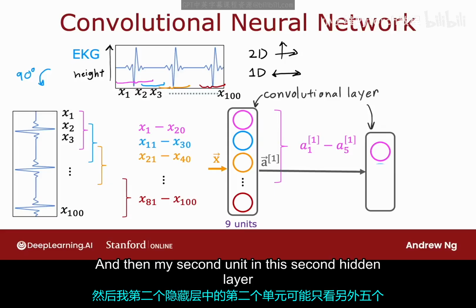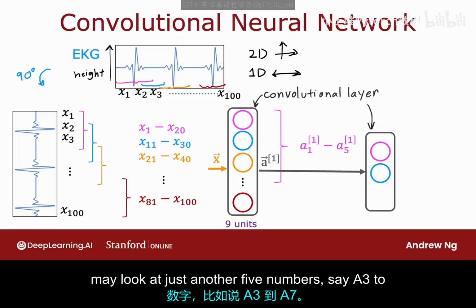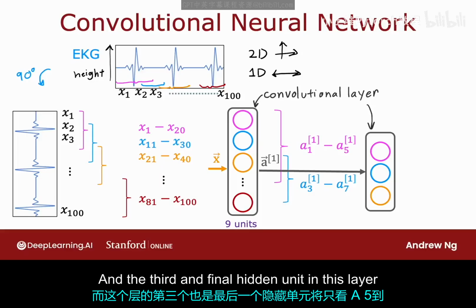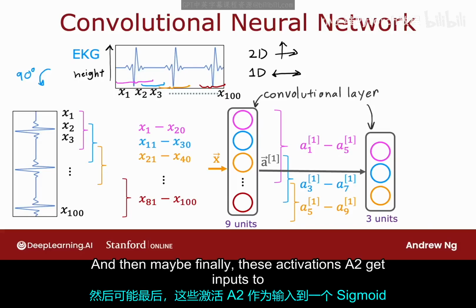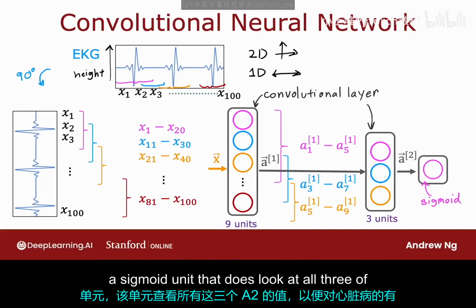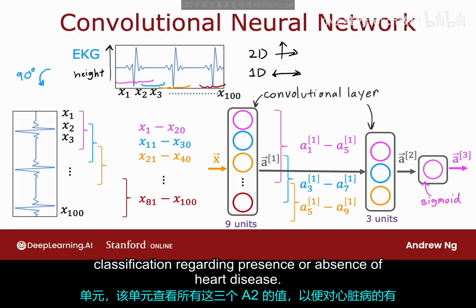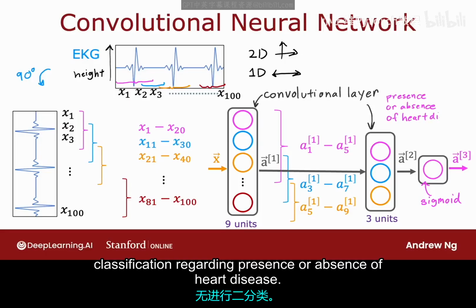And then my second unit in this second hidden layer may look at just another 5 numbers, say a3 to a7, and the third and final hidden unit in this layer will only look at a5 through a9. And then finally, these activations, a2, get input to a sigmoid unit that does look at all 3 of these values of a2 in order to make a binary classification regarding presence or absence of heart disease.